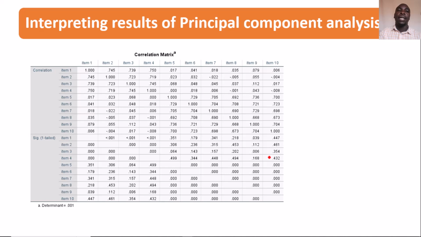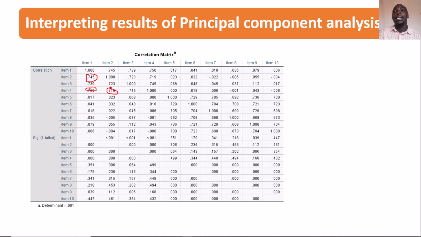Next, we have the correlation matrix. And in this correlation matrix, we are interested in values above 0.3. Remember, in factor analysis, we want to extract groups of variables that are related. So we need to first run a correlation matrix to see whether there is even a relationship among the variables we are putting together in factor analysis.